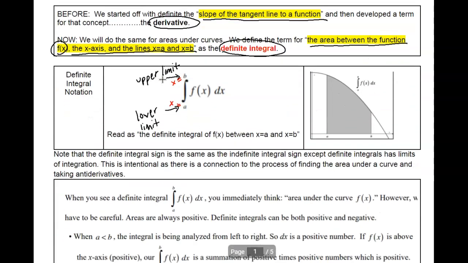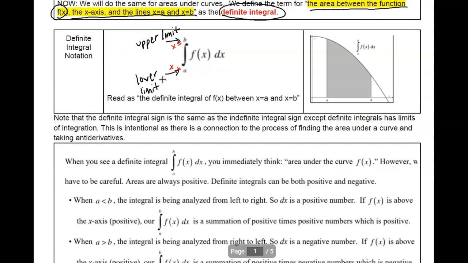So note that the definite integral sign is the same as the indefinite integral sign, except definite integrals have limits. So obviously we're going to learn some rules about those limits throughout this unit, okay? So there is an intentional connection between the process of finding an area under a curve and taking integrals or antiderivatives, all right?